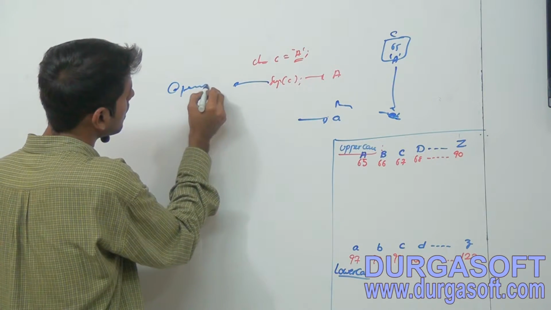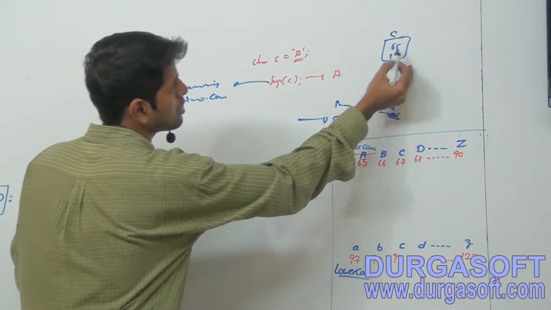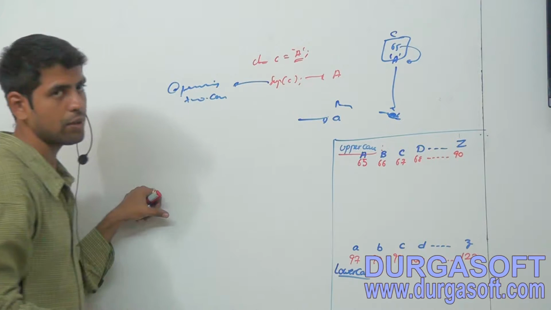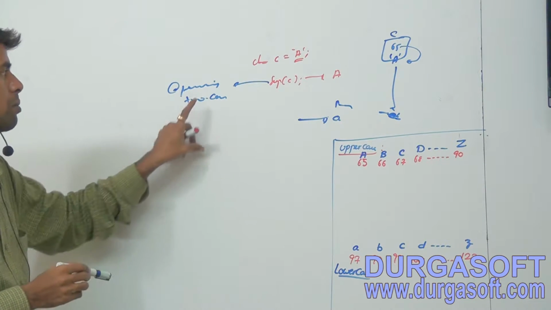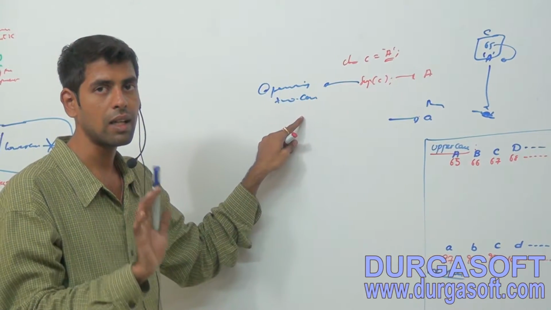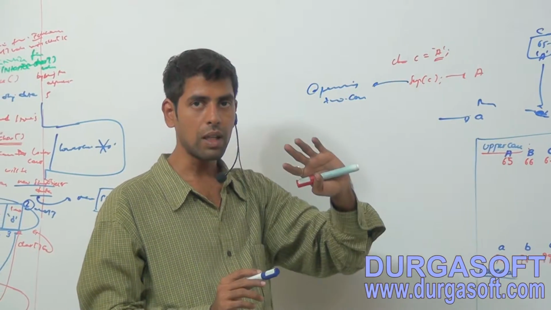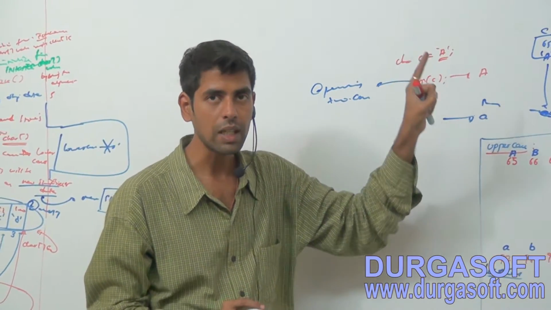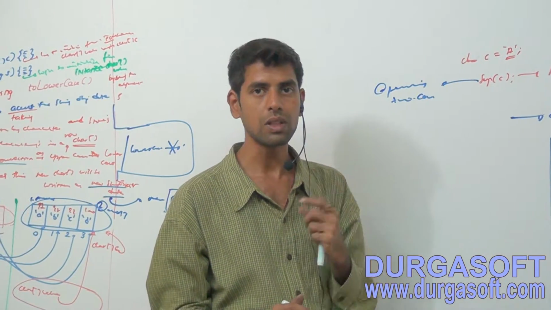At printing time, the conversion will happen: 65 will be converted to capital A. Internally it will store Unicode values, and at the time of printing only, the equivalent Unicode character will be printed to us at the console.